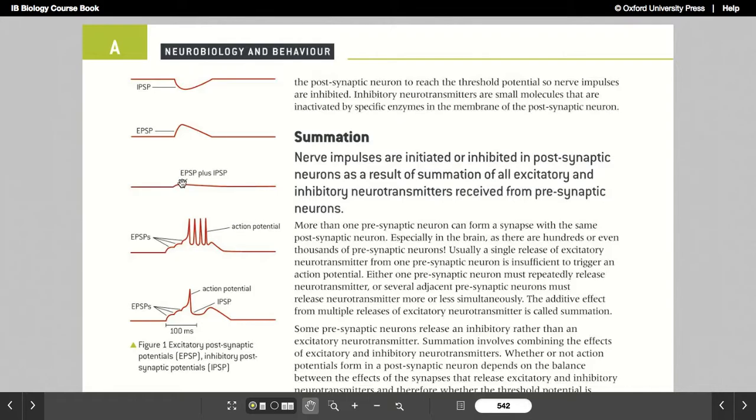And it's a pretty small blip, so we don't actually meet threshold. And if we don't meet threshold, we don't have an action potential. And if we don't have an action potential, we're not sending a message. So if we have many EPSPs build up together, like if we had one here, another here, and another here, then they all add up together, which we call summation, and then we get a bunch of action potentials.